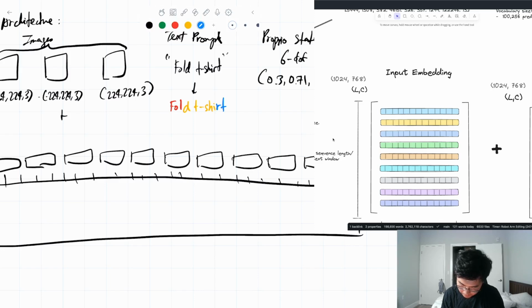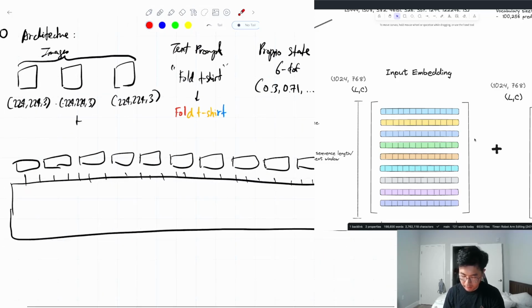Each of these is one of these input embeddings, and these are what actually get fed into the model. There's also a positional encoding, but that's a fixed matrix.